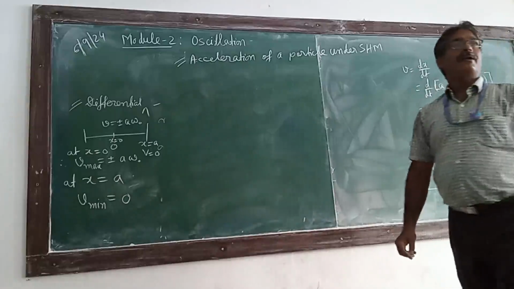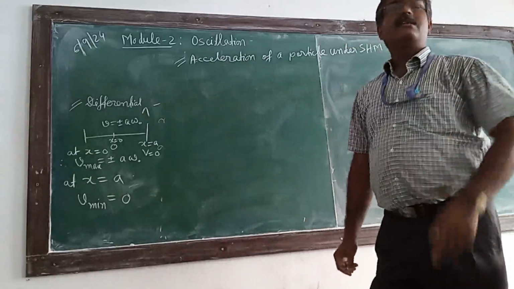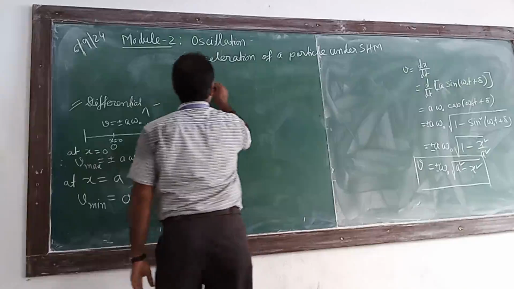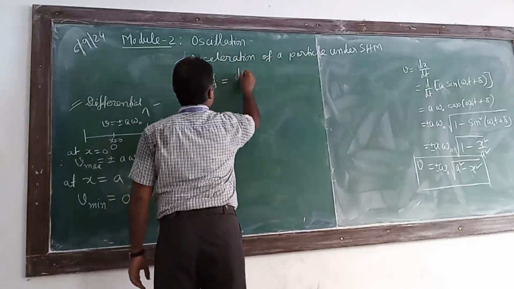The acceleration of the particle is f equals dv by dt.